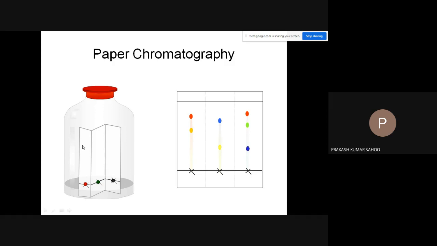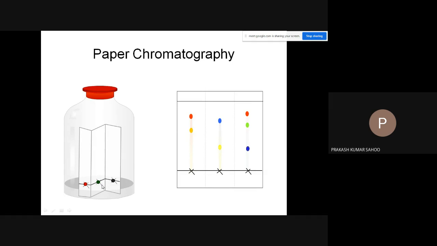Then I put this TLC in a chromatogram in the solvent. It depends upon your type of reactant and product, but in general an ether and hexane mixture, or only ether, is used for separating the constituents from the mixture.